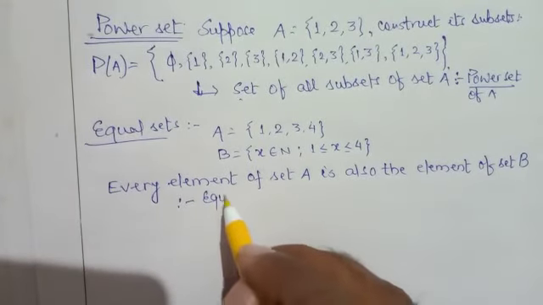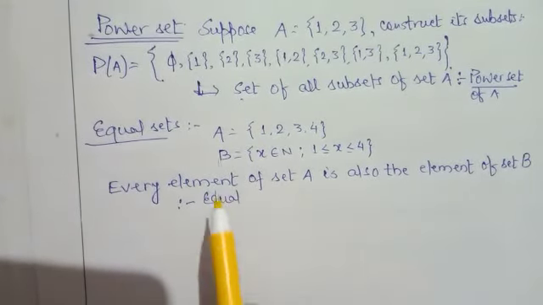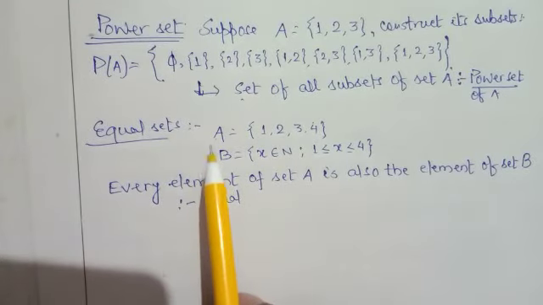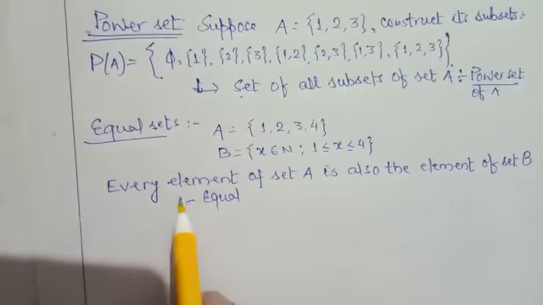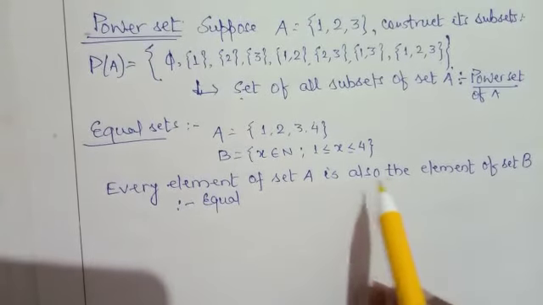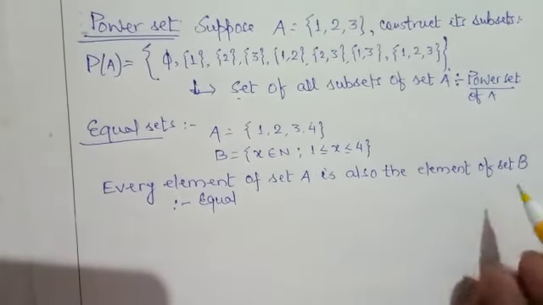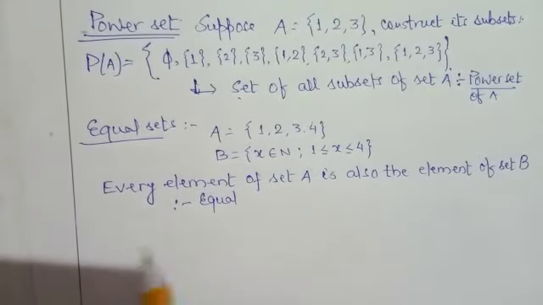So what are equal sets? If A and B are two non-empty sets such that every element of set A is also the element of set B and vice versa.